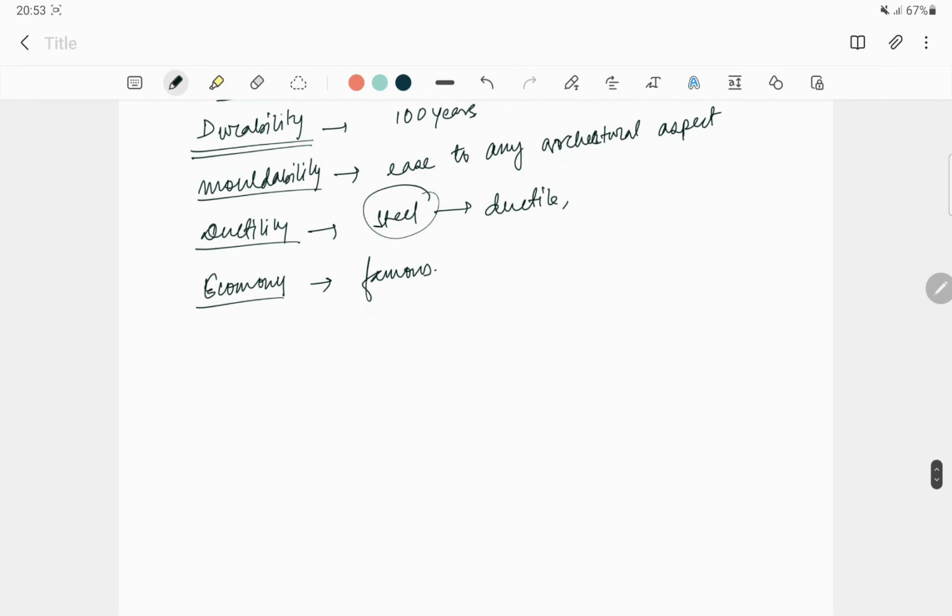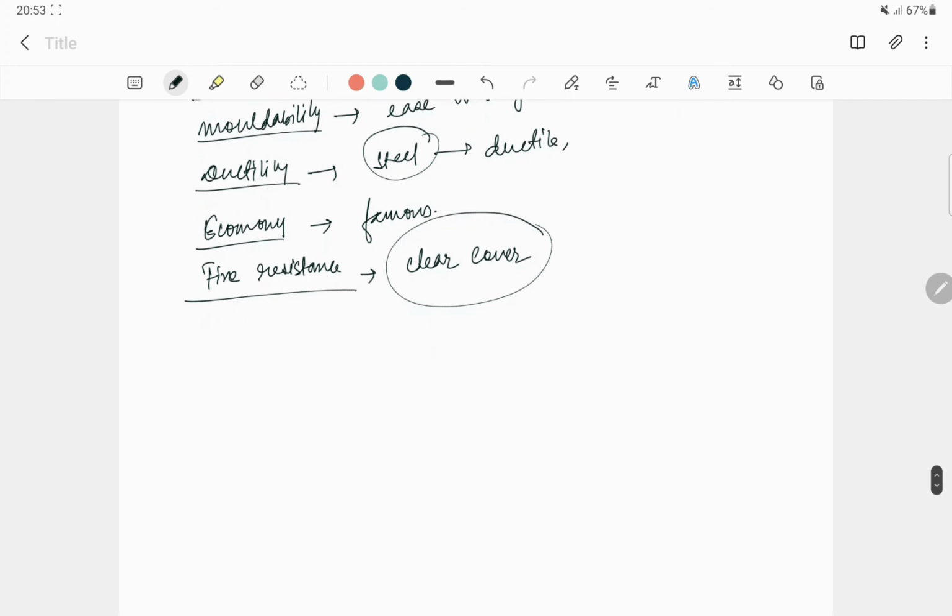Then fire resistance. Yes, it is fire resistant. That is why we provide clear cover, to make it more fire resistant. Permeability: it is very much impermeable.